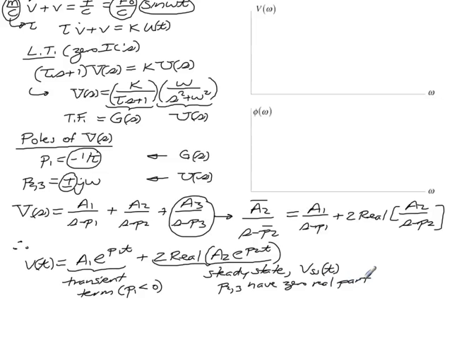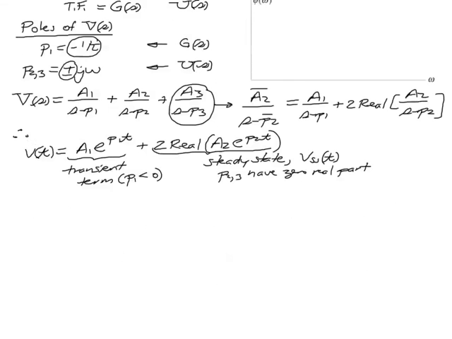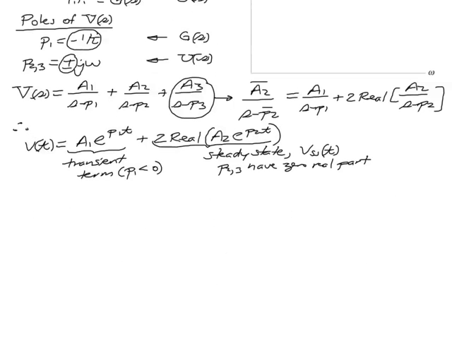So our procedure then is to evaluate the residue of A2. We know what we do is take S minus P2, multiply it by the transformed response V of S, and evaluate that at S equal to P2, which in this case is j omega.